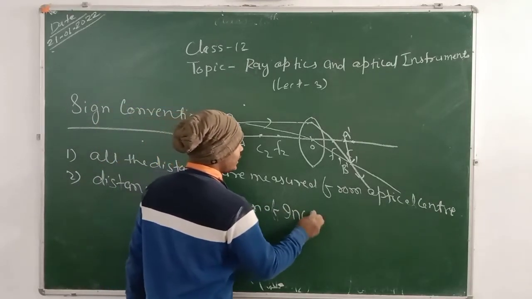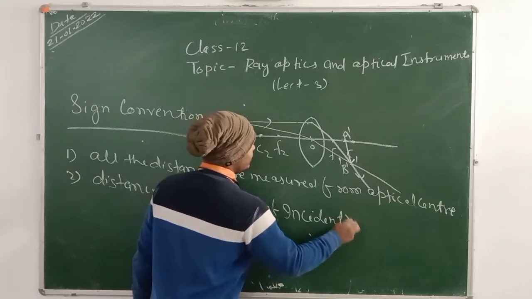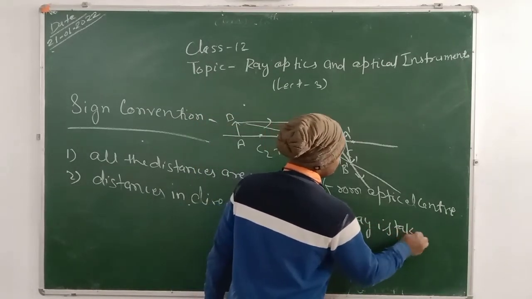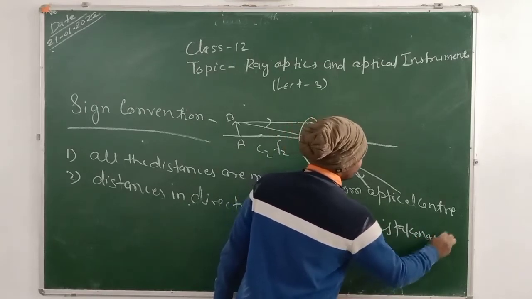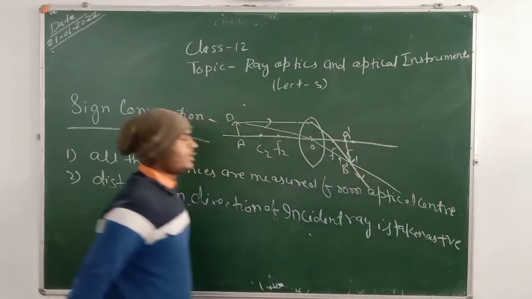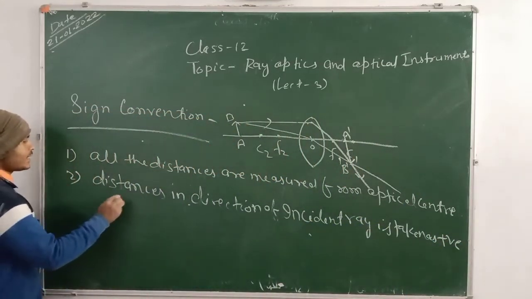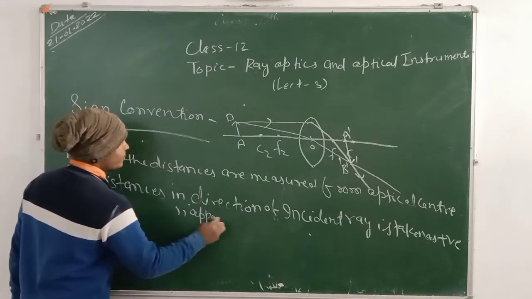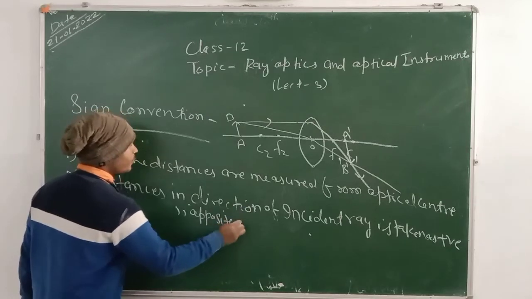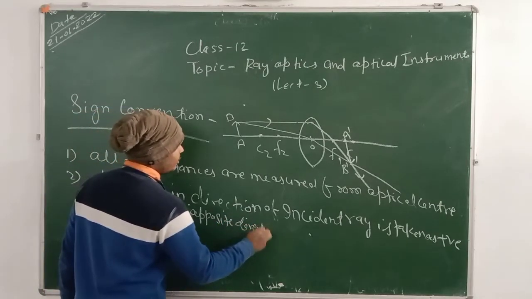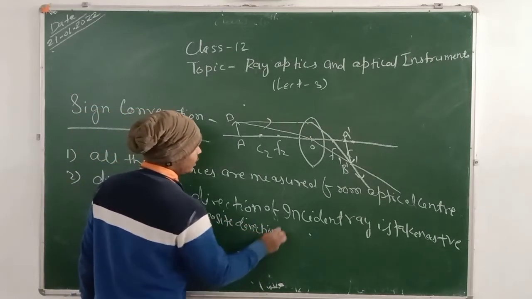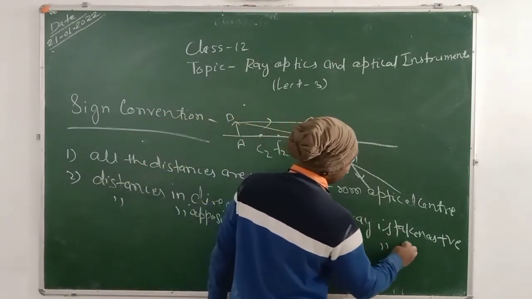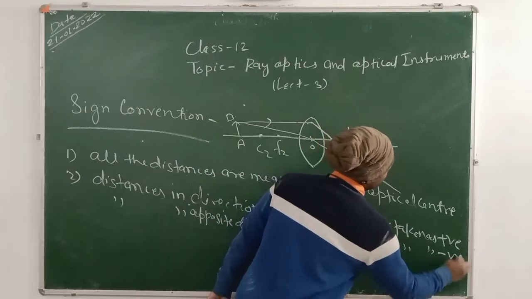Distances in direction of incident ray is taken as positive, and distances in opposite direction of incident ray is taken as negative.